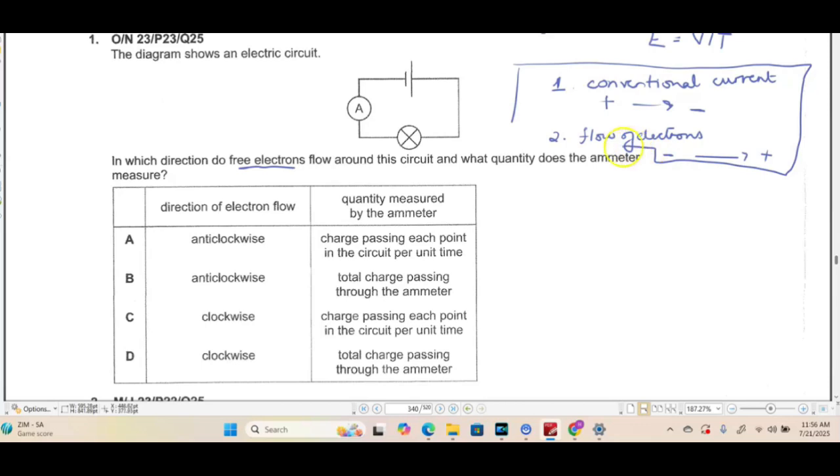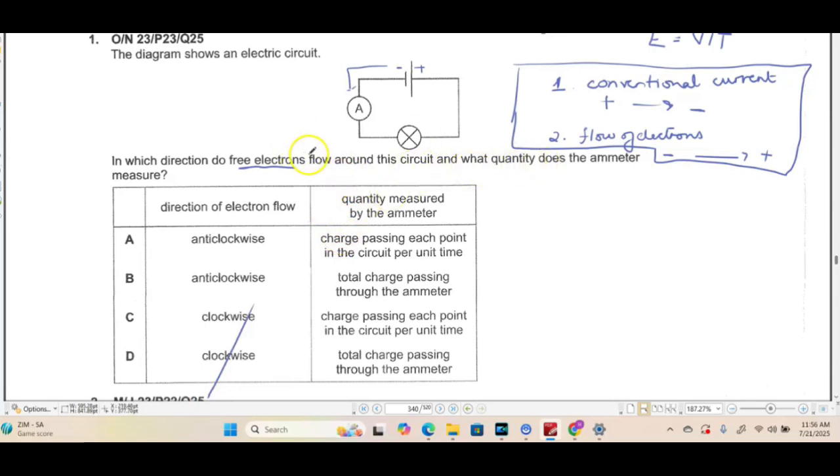Now moving to the questions, direction of electron flow would be anti-clockwise, because this is negative, this is positive. The electrons are going to flow from this terminal of the battery to the positive terminal of the battery. So clockwise can be eliminated. And what is the ammeter measuring?